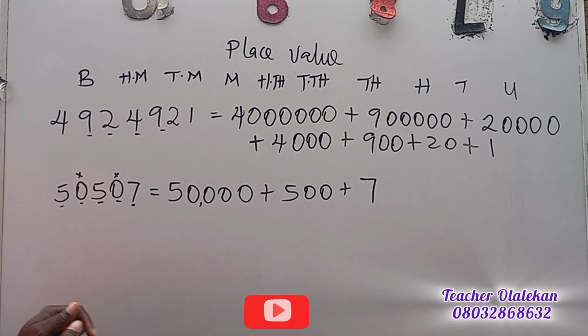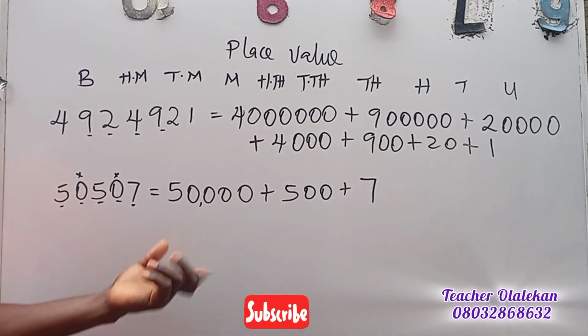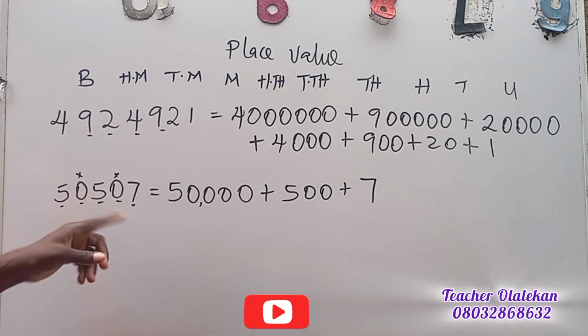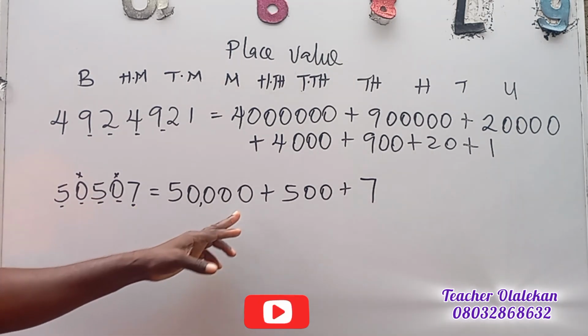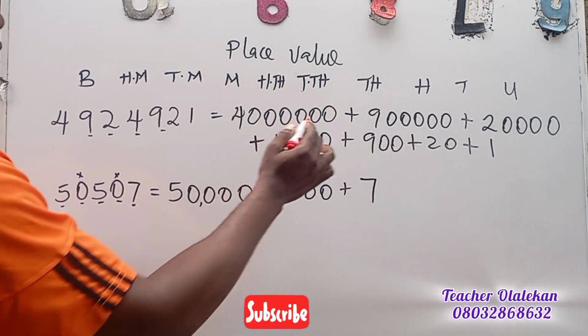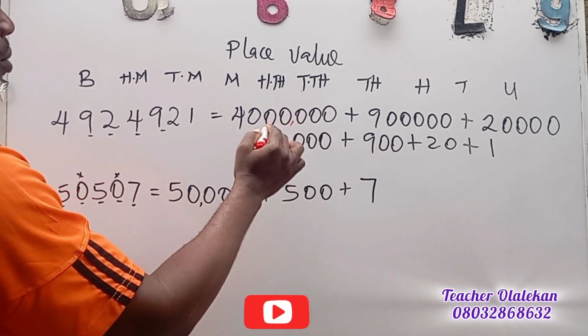So to write this figure in expanded form, we skip the zeros. That becomes 50,000 plus 500 plus 7. That's 50,507.